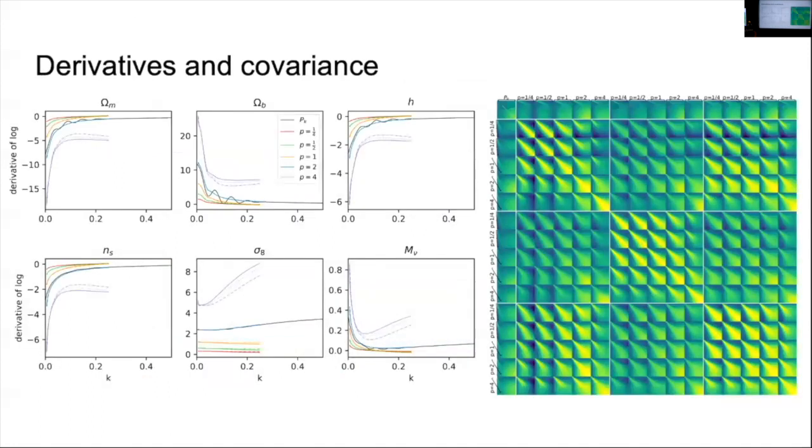We can also look at the covariance matrix of these descriptors, and one thing that I would like to point out here is that although they're all very correlated to each other, especially the different powers, there are some things to point out. And I don't have a pointer here. Well, oh, thanks.